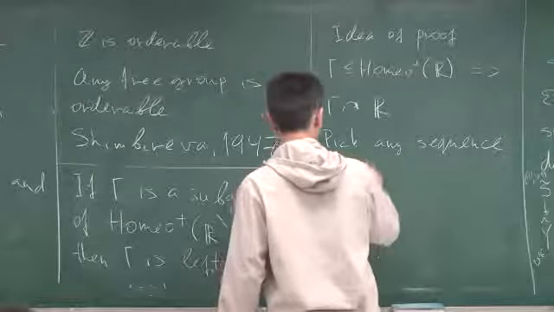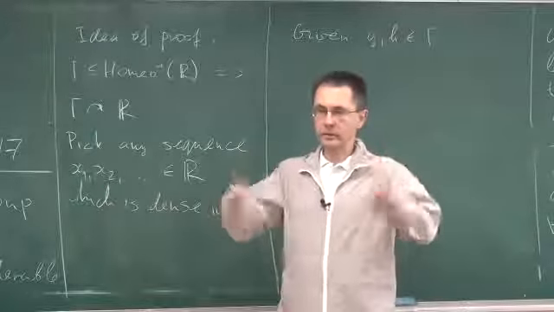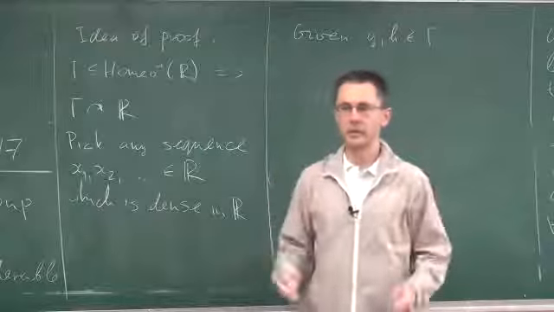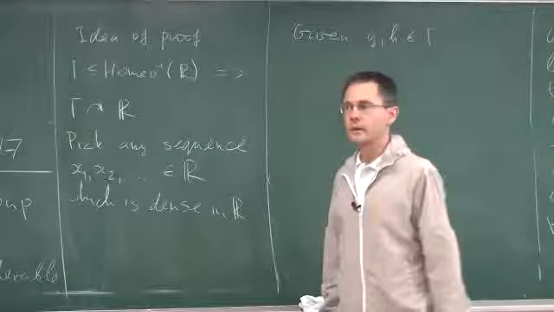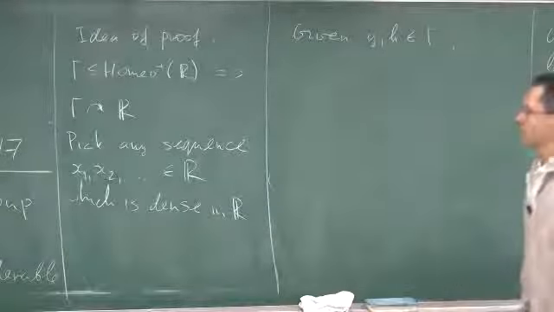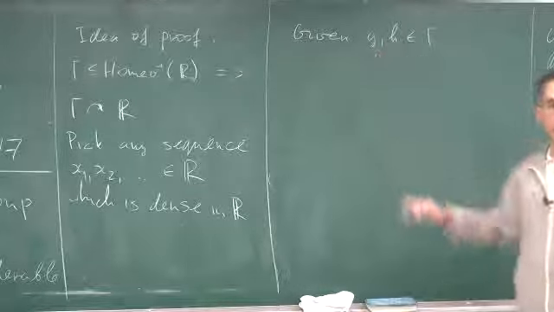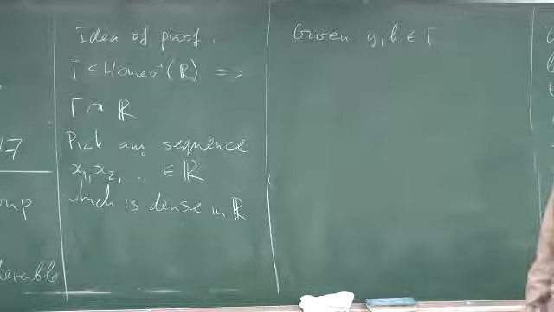So given two elements G and H in gamma, you pick the first point x1, apply G and H to that point, and see whether the result is the same or different. If it's the same, then you consider the point x2, apply the two elements to x2 and see whether the result is different or not. If it's the same result, you continue. Eventually, hopefully, you will find one point such that if you apply these two elements to that point, you will get different points. Why is that true?